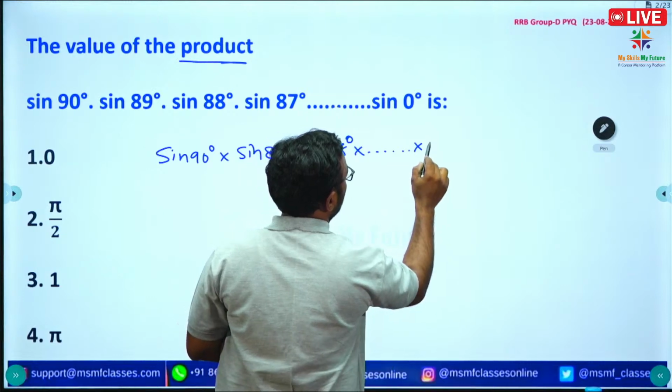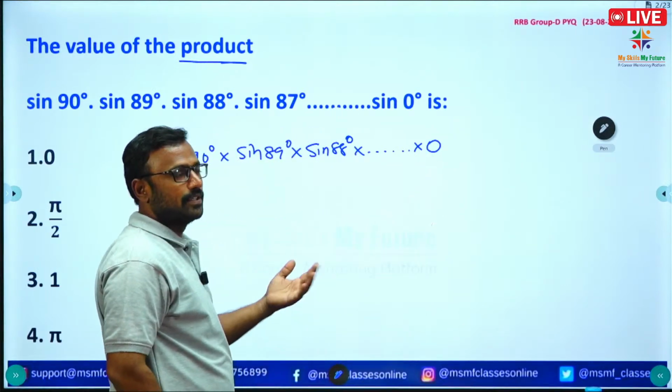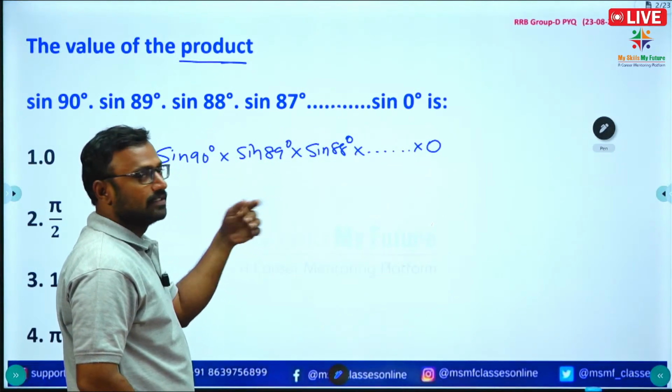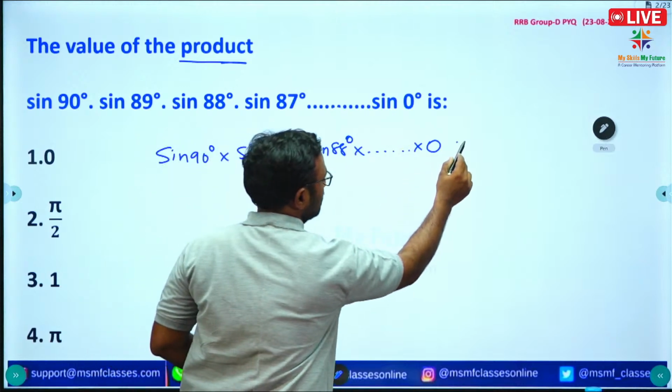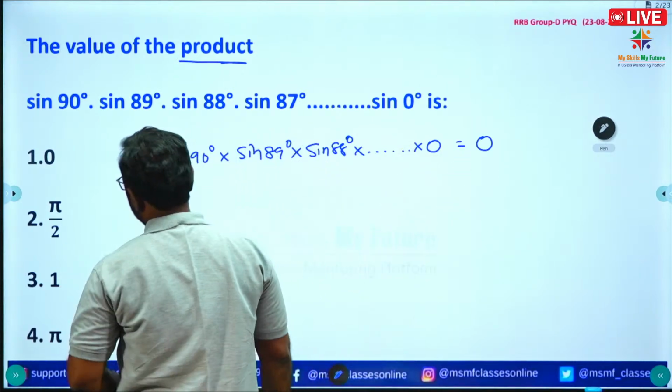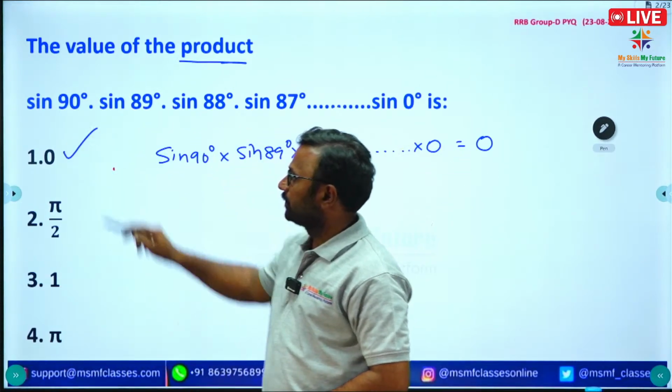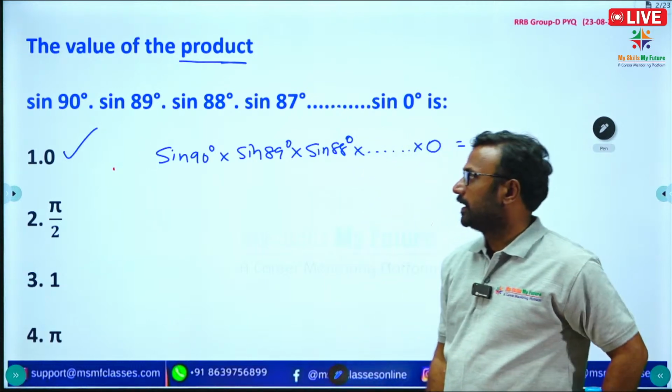We know the value of sin 0 is nothing but 0. So, product with 0, we get the result equal to 0. So, option 1 is correct. Next question.